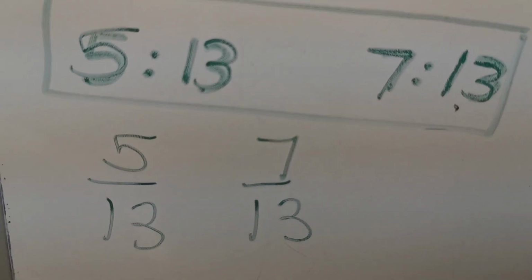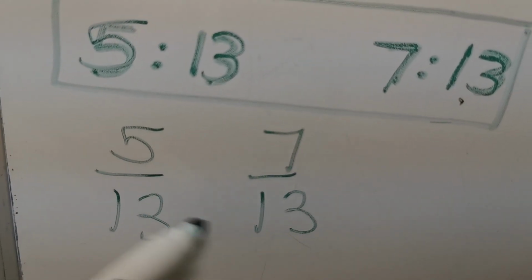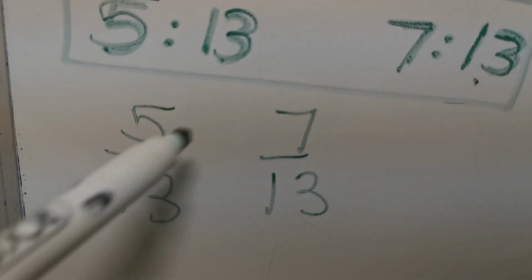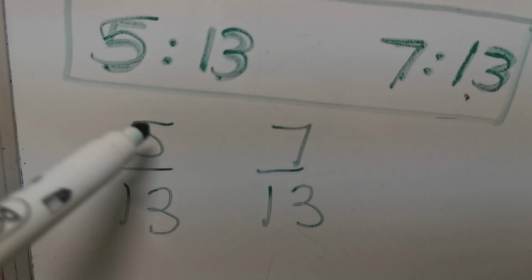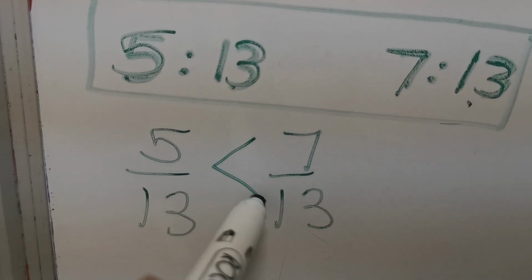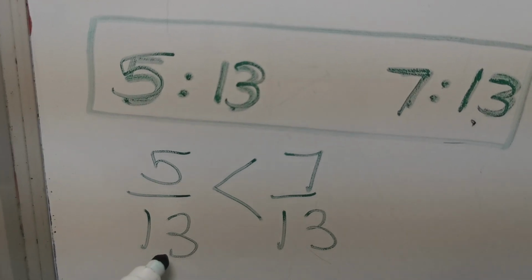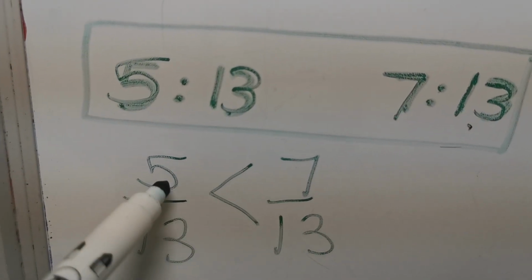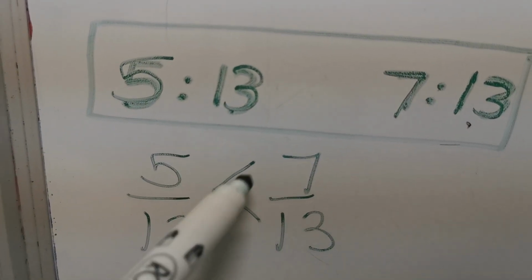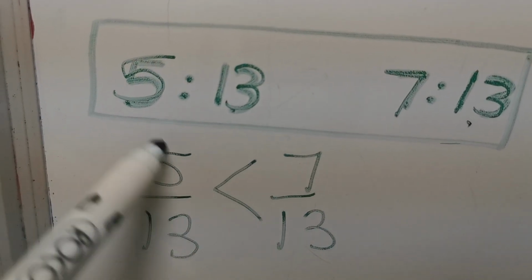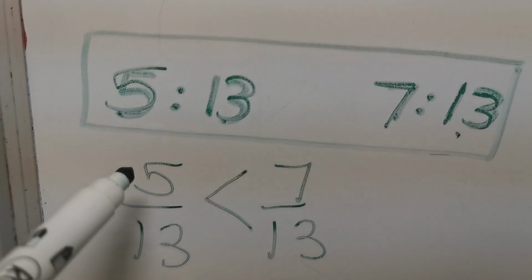What is the difference here? The difference is that the numbers which are down are the same. So I can easily compare the numbers which are up and put my sign. Again, if the number which is down is the same, you compare the number which is up, then put the sign. 7 is greater than 5, so this ratio is greater than this ratio.